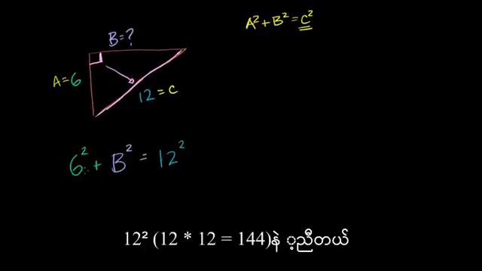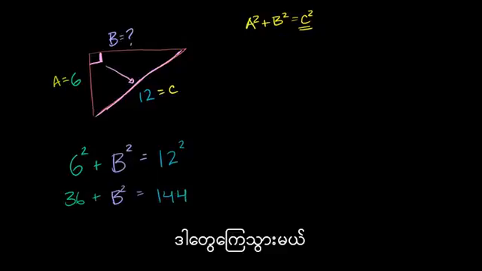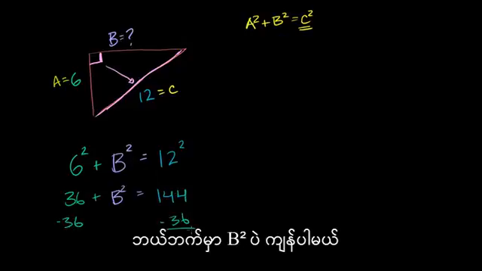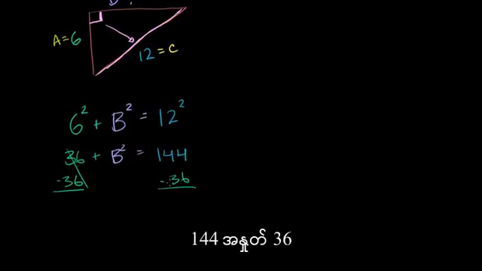So we get 6 squared is 36 plus b squared is equal to 12 squared, that's 12 times 12, is 144. Now we can subtract 36 from both sides of this equation. Subtract 36, those cancel out. On the left-hand side, we're left with just b squared is equal to, now 144 minus 36 is what?